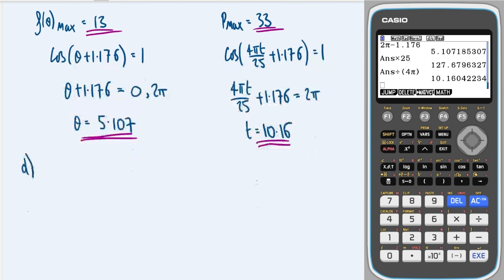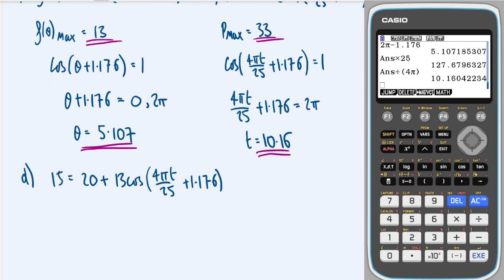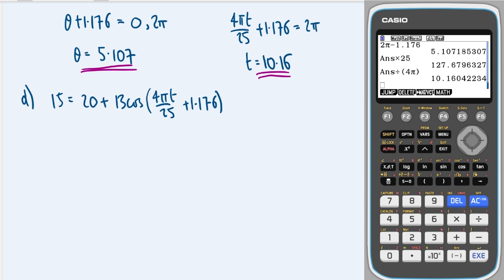Okay, just going to grab some more space. So we'll get 15 is equal to 20 plus 13 cos of 4 pi t over 25 plus 1.176. We're going to subtract 20 and then we're going to divide by 13. So we're going to get minus 5 over 13 is equal to this cos function.